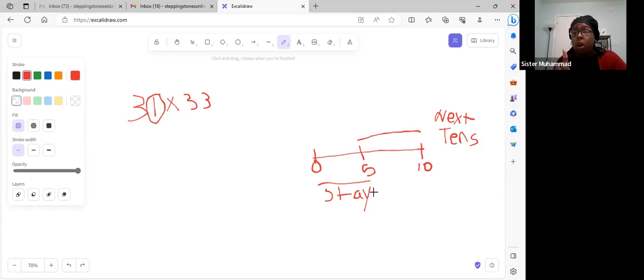Is the number 1, not 31, not the 3, just the 1, because the 1 is in the ones place, right? So let's look at that 1. Is it between 0 and 5 or 5 and 10? Well, 1 is right after 0, so it's between 0 and 4. That means we stay at 30 and change our 1 to 0.